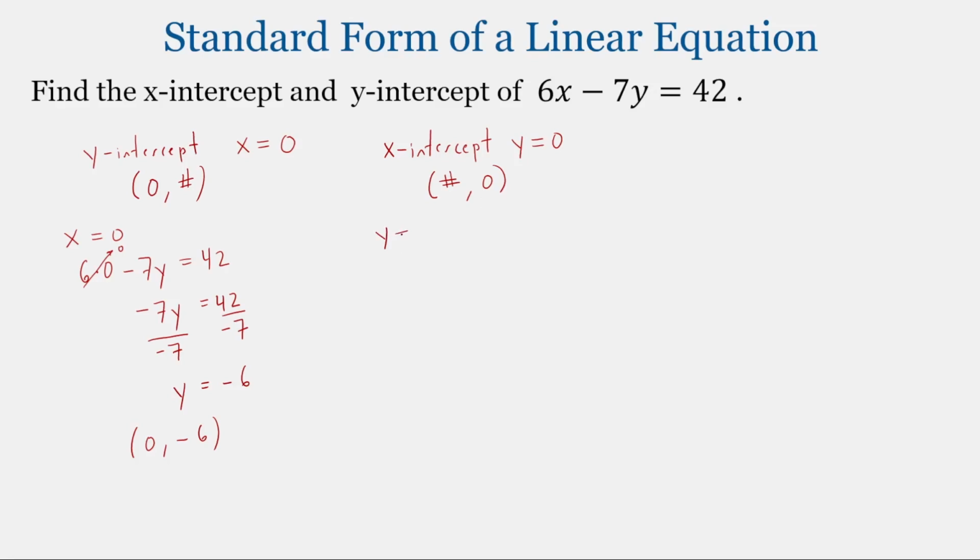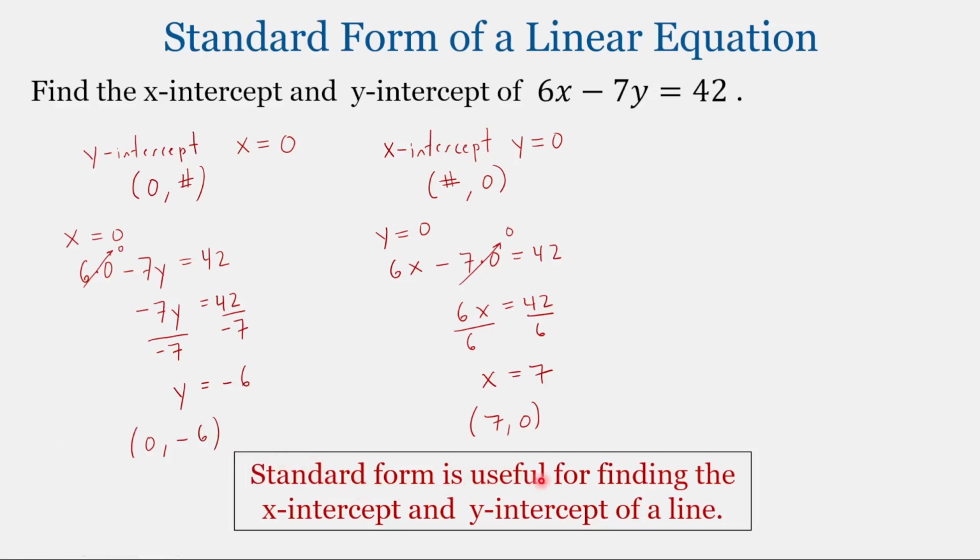So if y is equal to 0, we have 6x minus 7 times 0 equal to 42. Again, 7 times 0, that's going to be 0. Now we have 6x equal to 42. We want 1x, so let's go ahead and divide by 6. And we end up with x equal to 7. So now we have the ordered pair 7, 0.